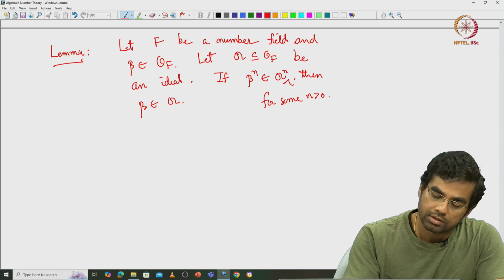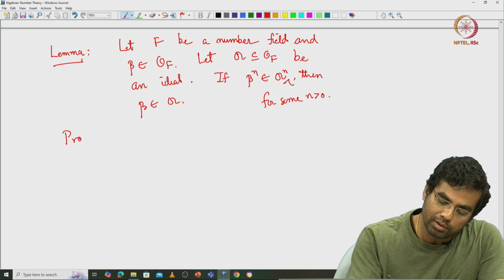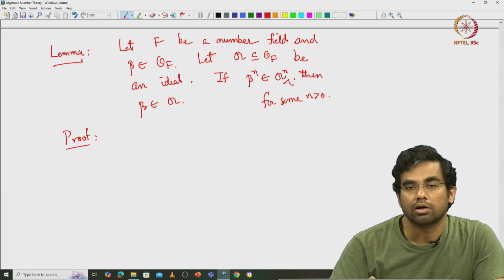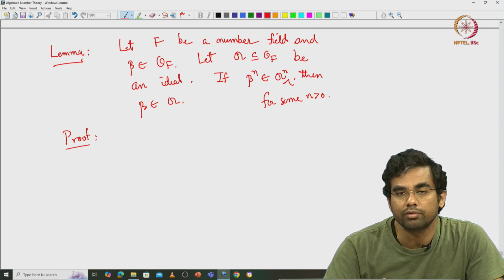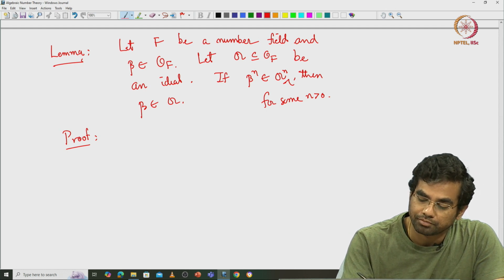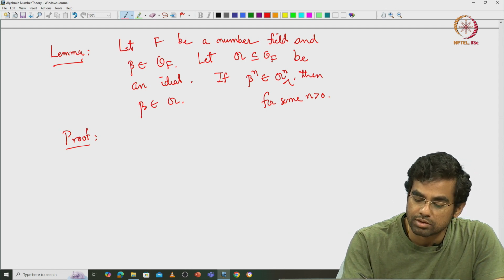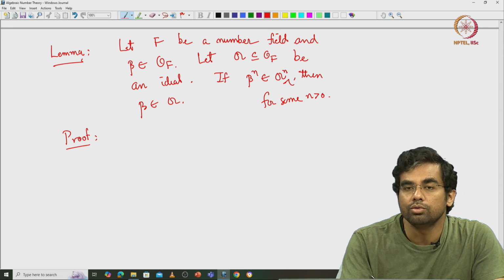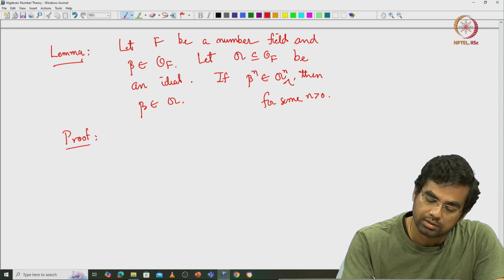Okay. So, the proof is simple, although it uses this powerful thing we proved about Dedekind domains. Okay. So, it is enough to do this for prime ideals, right.